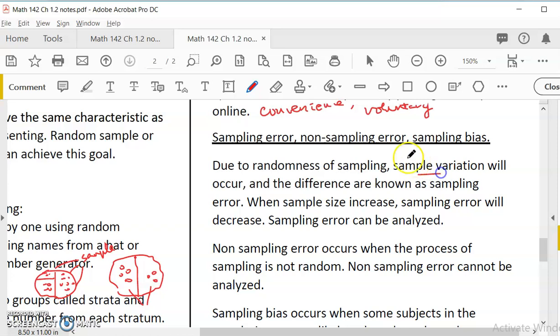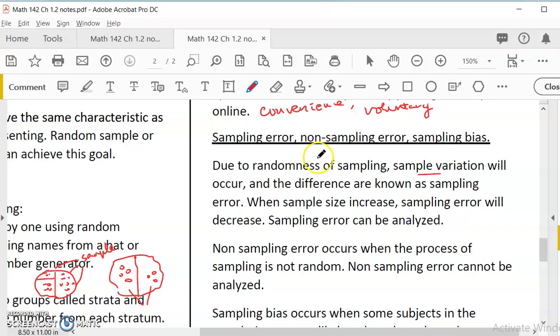Meaning if I pick 10 students in this class and I want to see what percentage are male and what percentage are female, out of the 10 students, sometimes I have 5 males and 5 females. But if I select another sample of 10 students, you will notice that it's not always 5 and 5. Sometimes I would have 6 female, 4 male. So is it because my sample is not good? No, it is really because of the randomness of sampling.